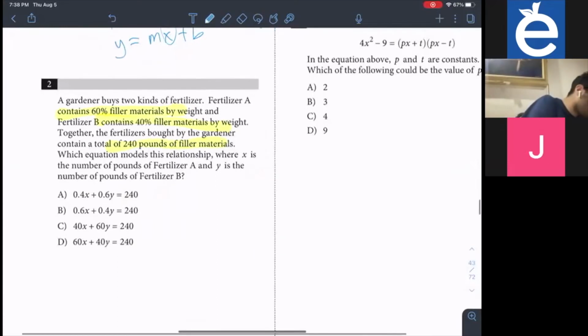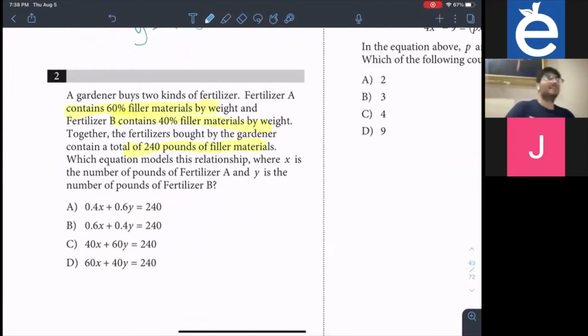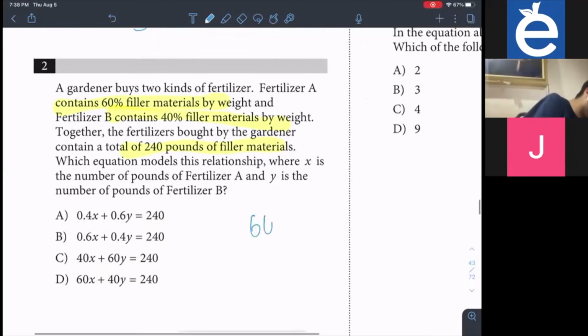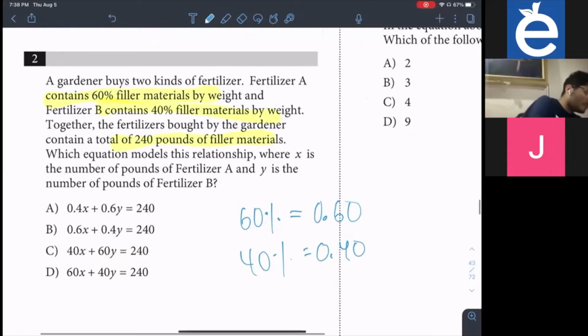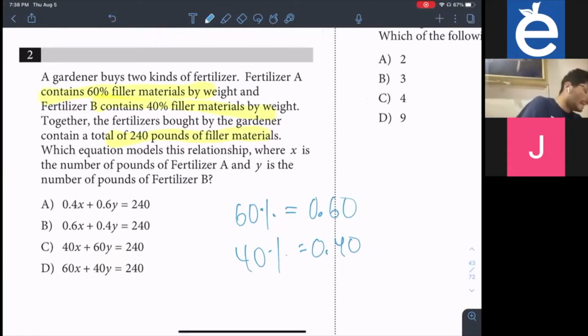So to solve this problem, we have to first realize that it's in percentage form. So we have to convert those percentages into decimals. So 60% can be 0.60, and 40% can be 0.40. And now we have to see what is X and what is Y. X is the number of pounds of fertilizer A, which is 60%, and Y is fertilizer B, which is 40%.